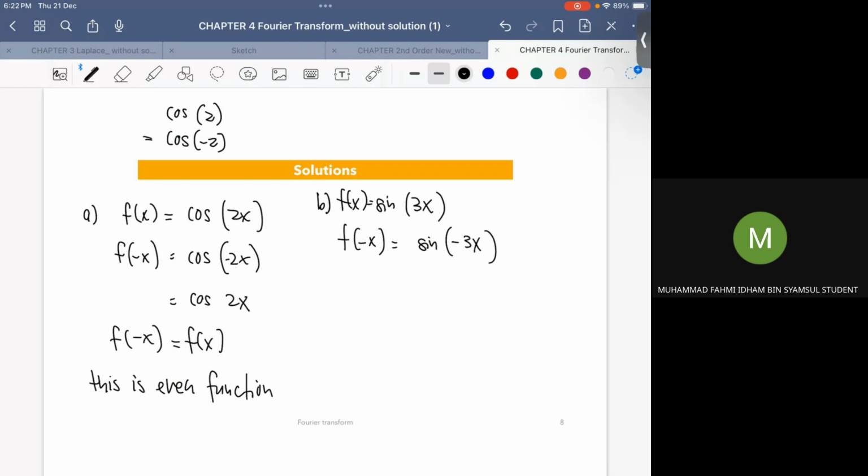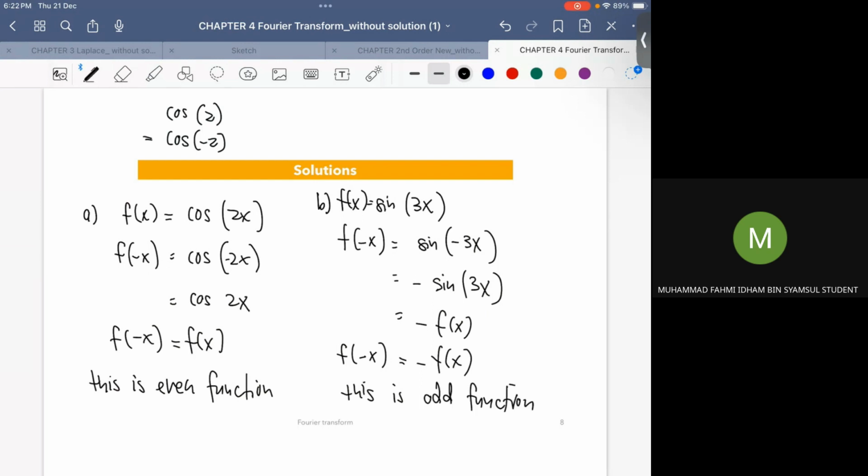Sin negative 3x is just equal to negative sin 3x, and this is equal to negative f(x). So we make the conclusion: since f(negative x) equals negative f(x), this is an odd function.